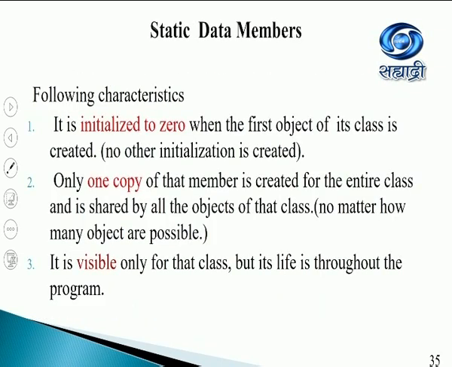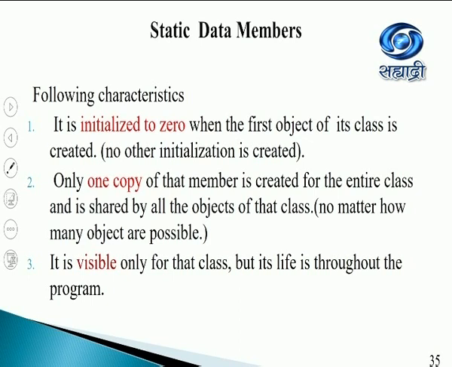So what are the characteristics of a static member variable? They are always initialized to 0 when they are initially created. Obviously, there is only one copy. Always remember, when I say data members in a class, all the objects get one set of the data members, but not of the static data members.